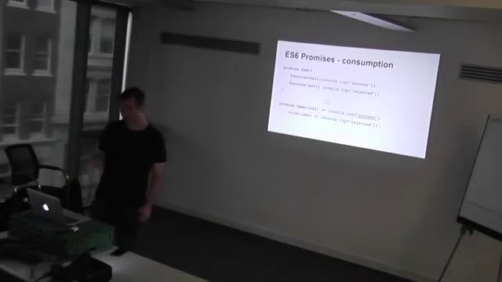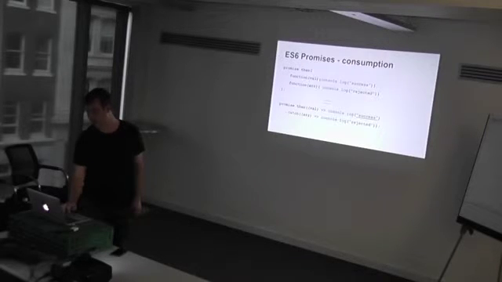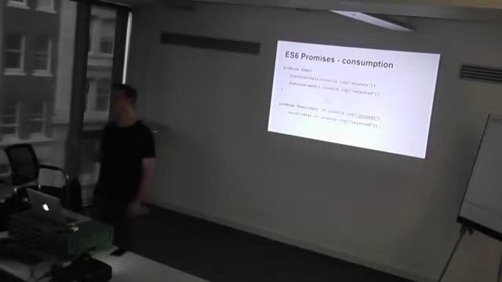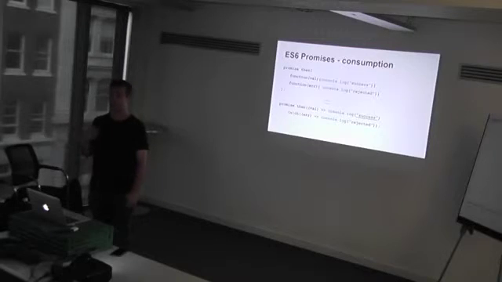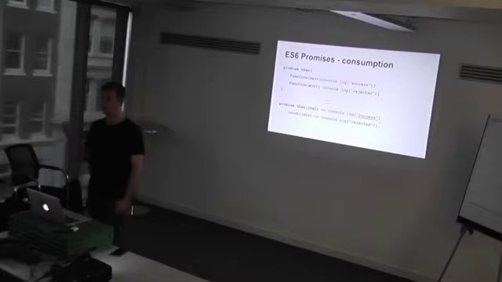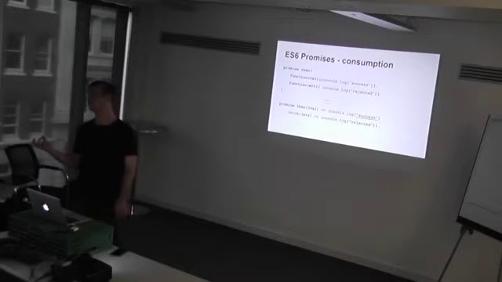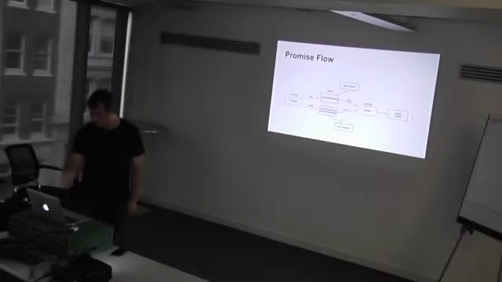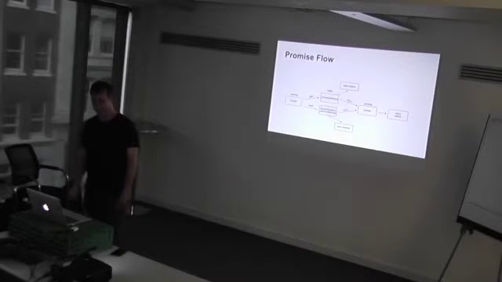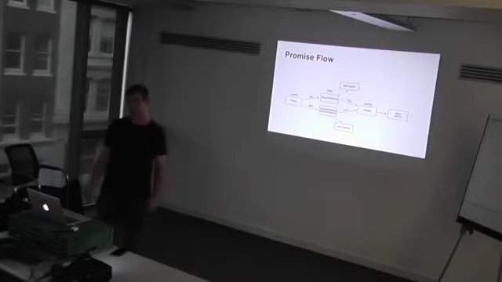This also means, if you look here, that you can chain promises. Basically, every promise you create, whether you've rejected or resolved it, will result in a new promise, which looks like this. This is from the MDN website on promises.